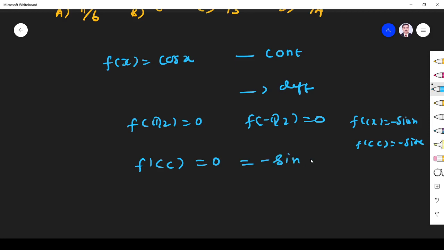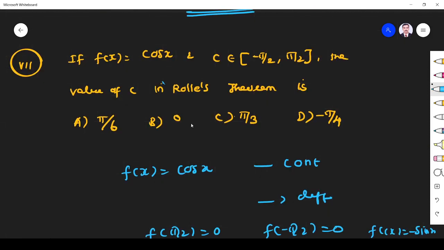Minus sin c equals 0. This implies sin c equal to 0, right? Sin c 0 means c must be equal to 0, right? So the answer is option B, right?